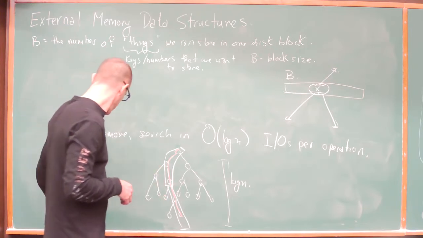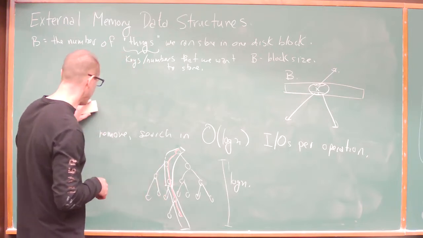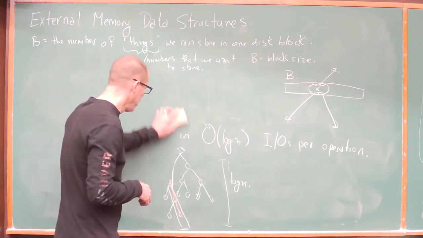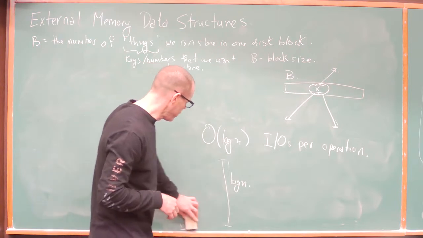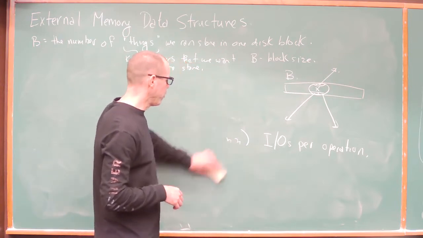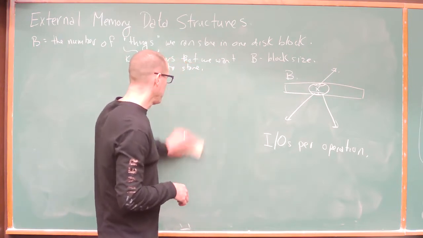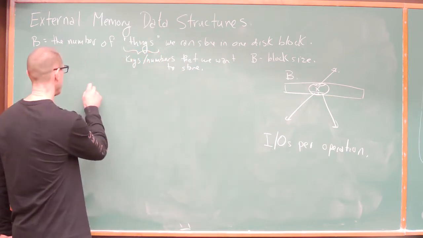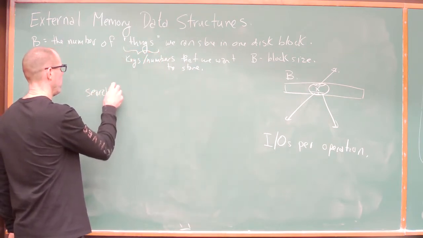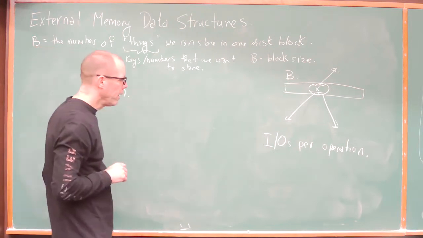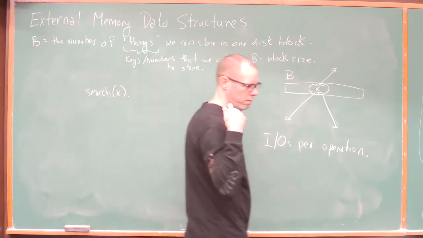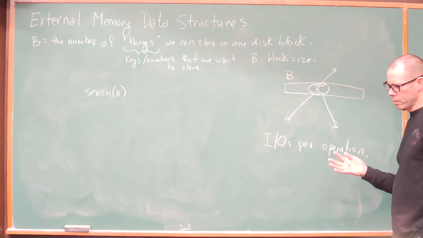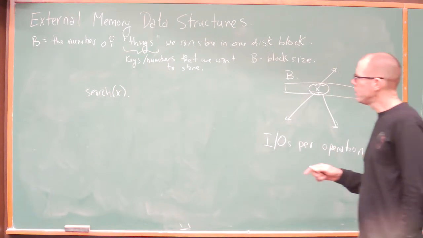And we can actually convince ourselves of that, at least for comparison-based data structures, using information theory again. So just think about what happens when I do a search for some value x. The data structure has to begin somewhere, so it doesn't have anything in memory at this point. So it reads some block.